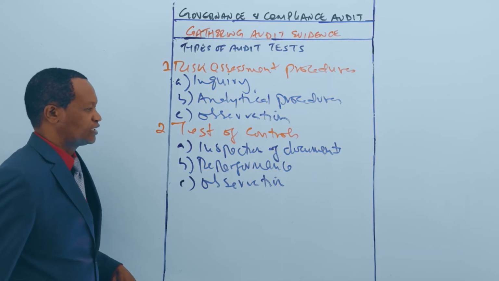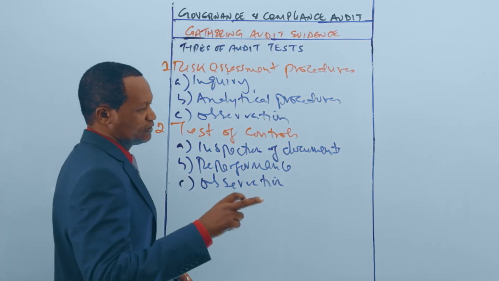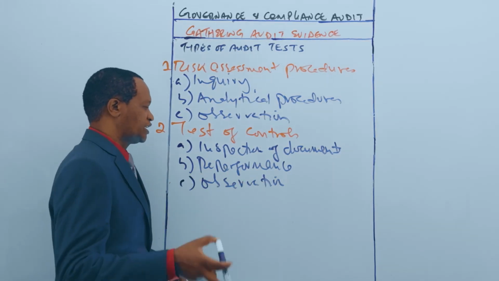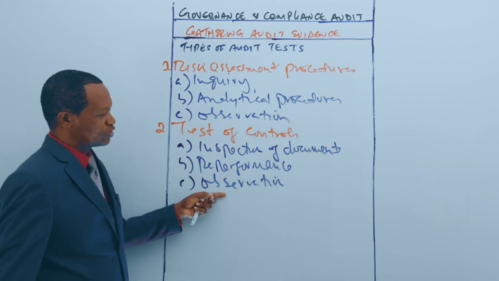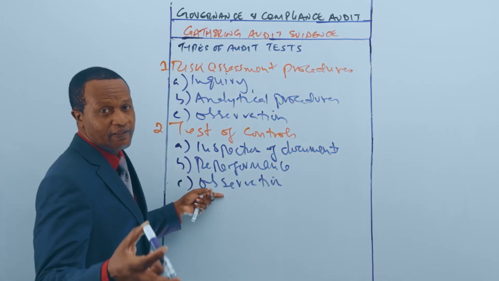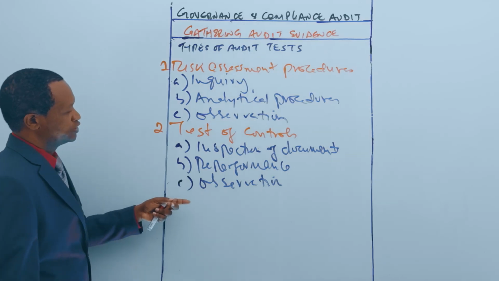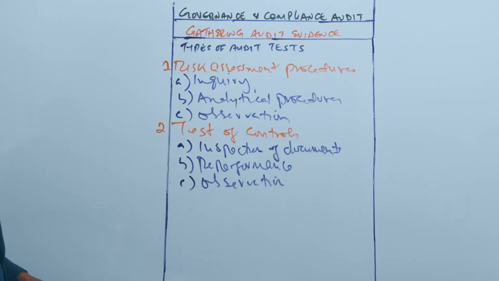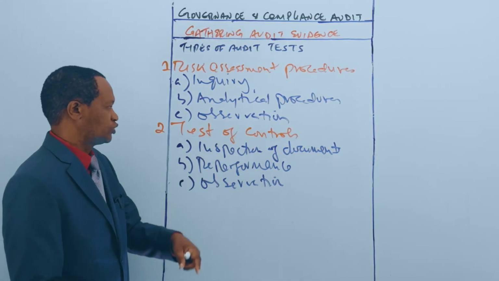For you to do a stock take, the company must have standard operating procedures for carrying out stock take. So as an auditor, you can observe when the company is taking stock to see if those procedures are followed. So these are 3 ways to test controls.